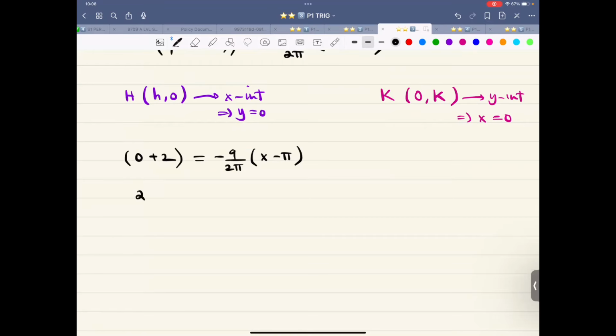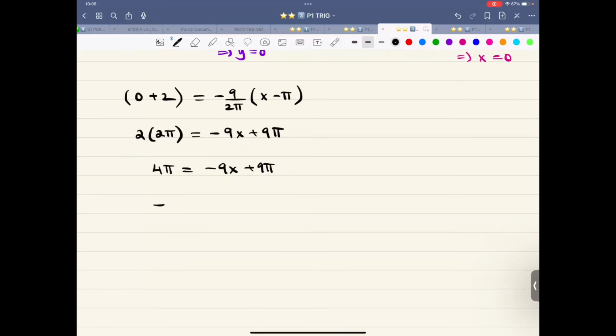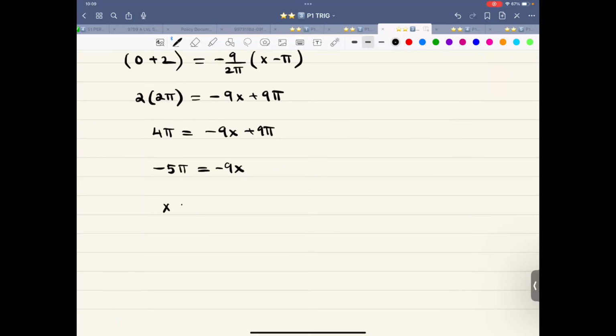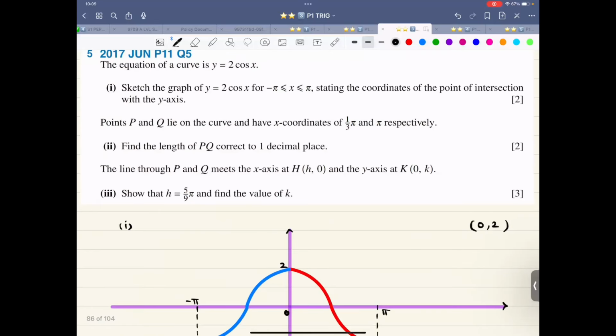So 2 into 2 pi is equal to minus 9x plus 9 pi. This is 4 pi is equal to minus 9x plus 9 pi. 4 minus 9, negative 5 pi is negative 9x. Make x the subject. Negative, negative cancel. X is 5 pi over 9.